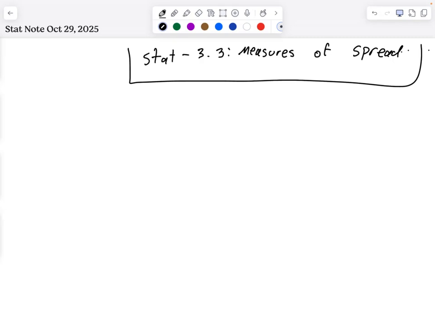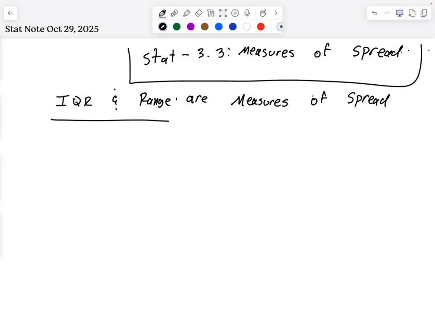We've already learned two measures of spread. We know IQR and range are measures of spread.